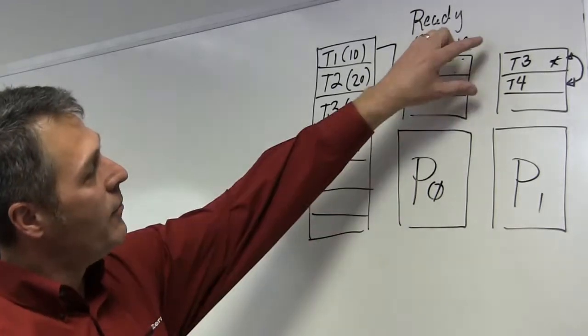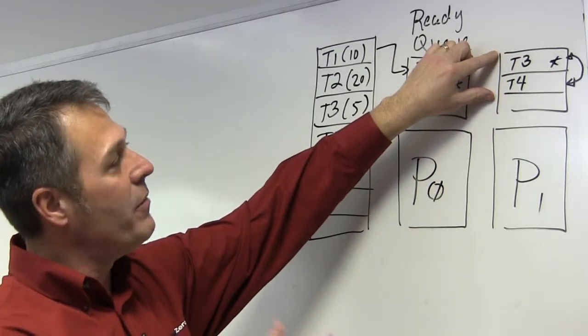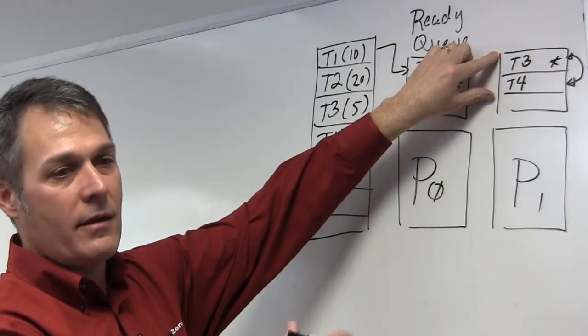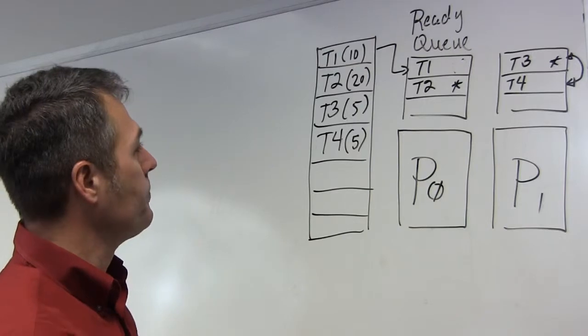For instance, if the time quantum value was set to 5 milliseconds, every 5 milliseconds the scheduler would activate thread 3, and then the next 5 milliseconds thread 4, and continue back and forth in that condition.